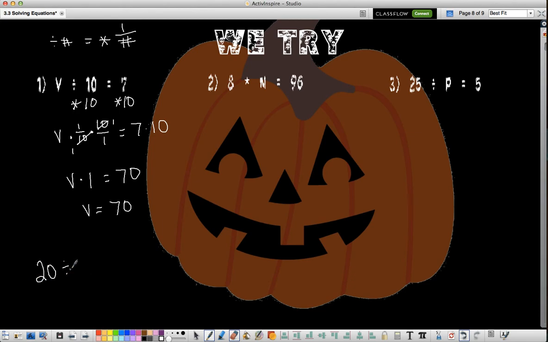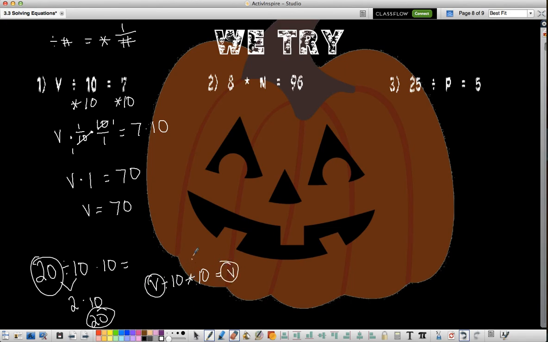If I do 20 divided by 10 times 10, I know that 20 divided by 10 gives me 2, times 10 gives me 20. So I started at 20 and ended at 20. It keeps me at the same number. So if I did v divided by 10 times 10, it should be the same thing, that I would just get to v, or whatever I started with.